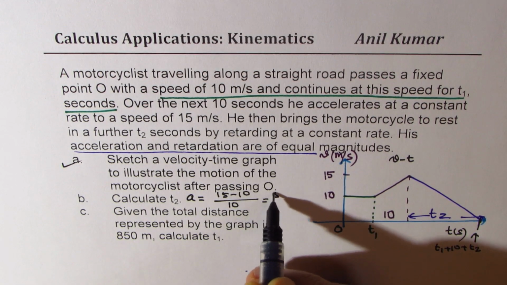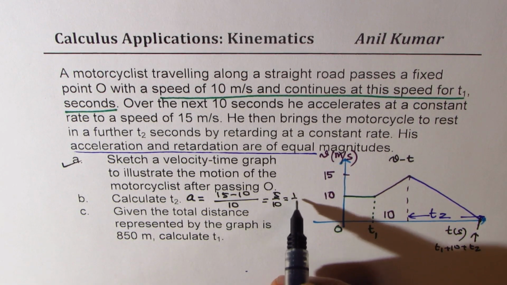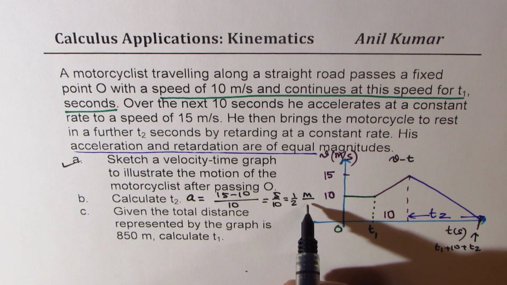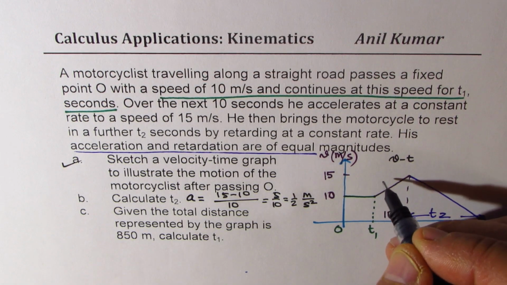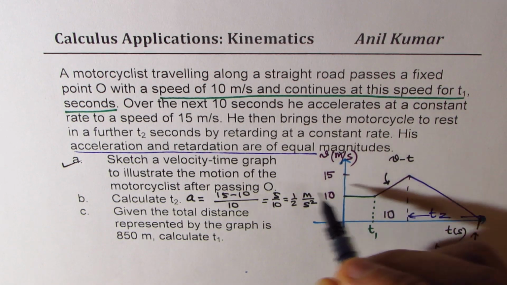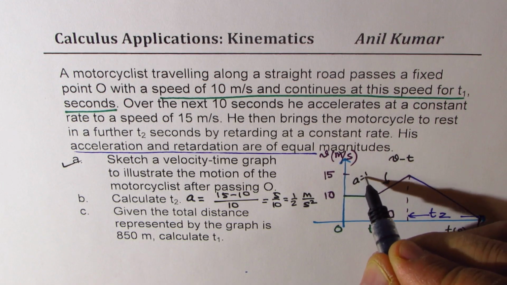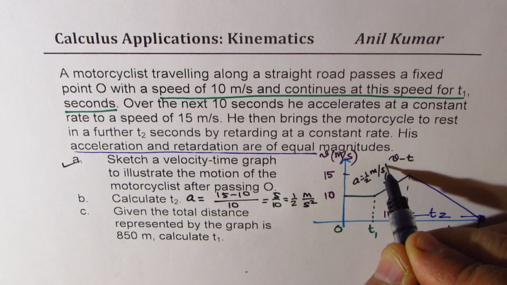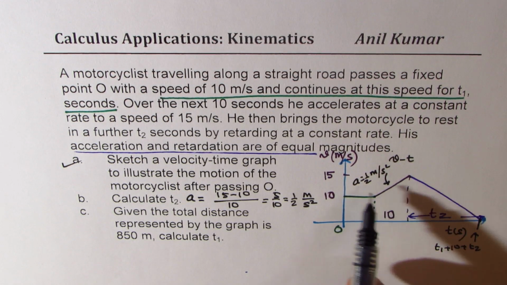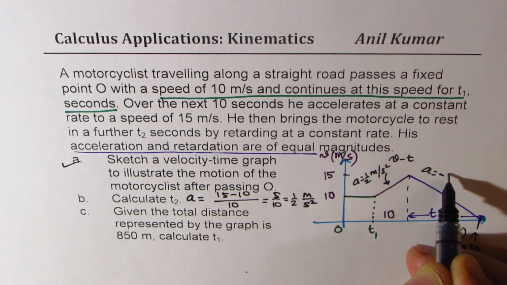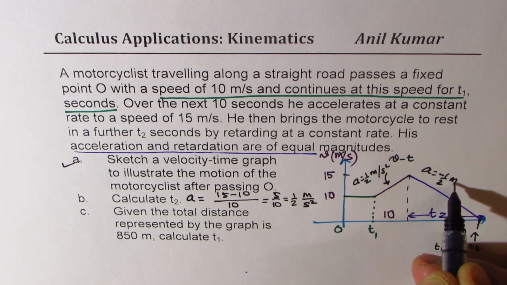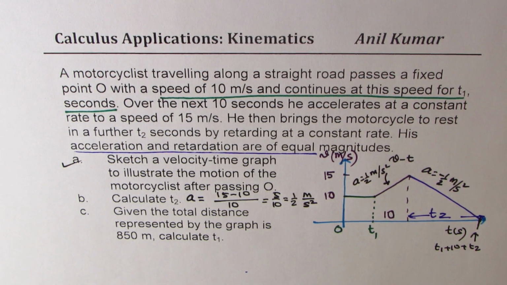So that is 5 over 10, or half a meter per second squared. Perfect. So that is how you get the acceleration. So in this part, the acceleration is half a meter per second squared. Now deceleration is the same rate, so here deceleration is minus half a meter per second squared. Do you get the idea?